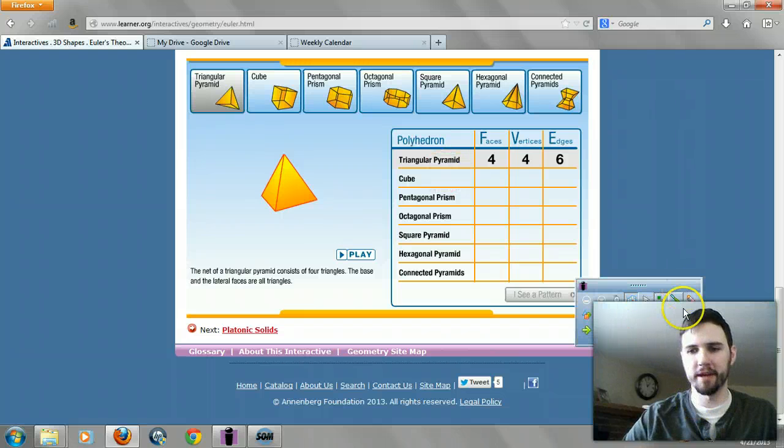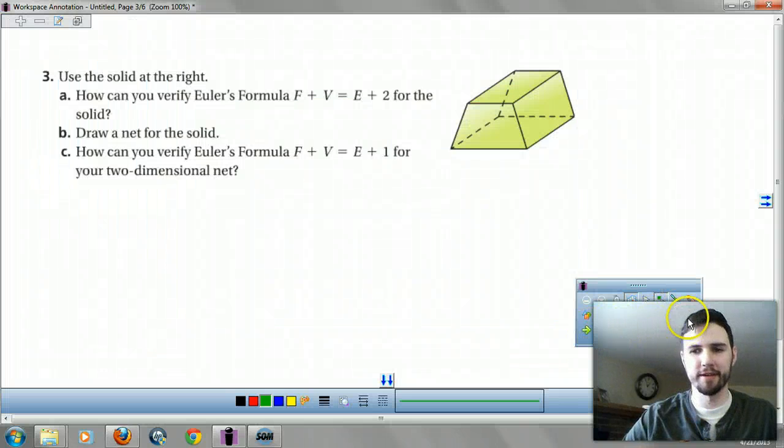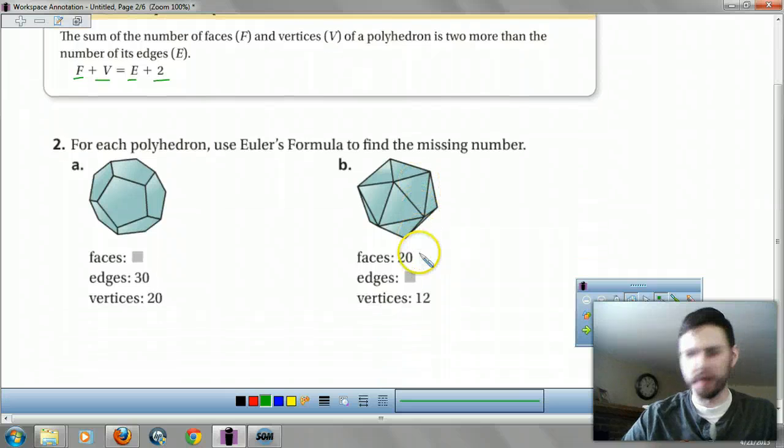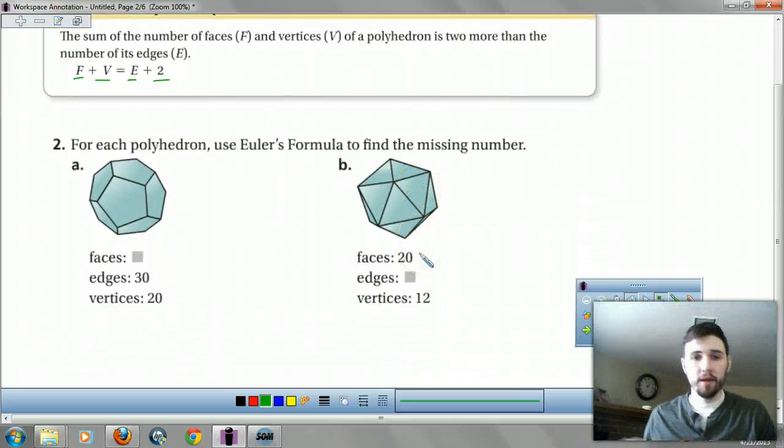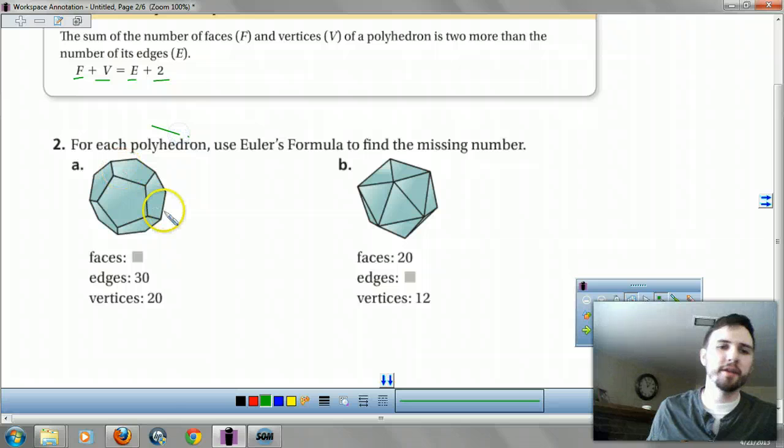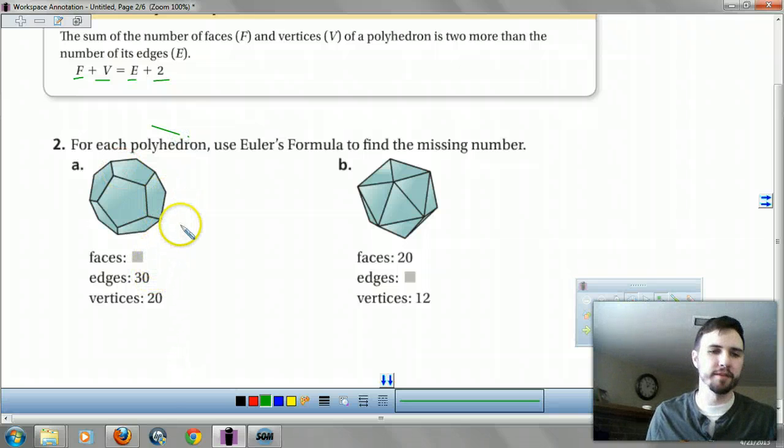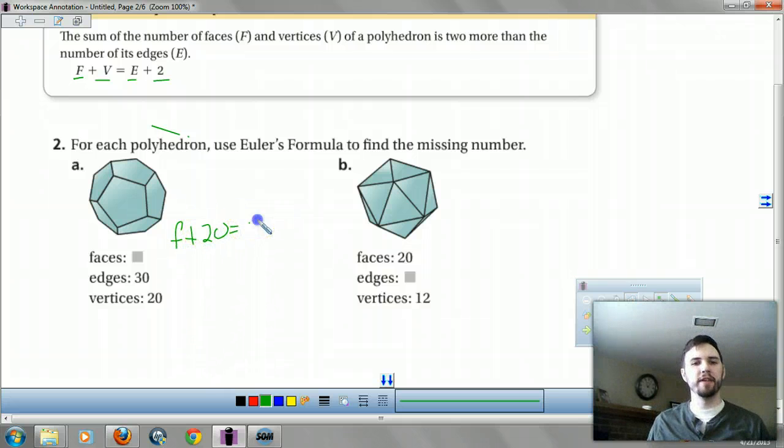Okay, let's get back to the lesson. I got sidetracked. Oh my goodness, Mr. Twilliger, how am I going to count all this up? Well, think about this. My faces plus my vertices equal my edges plus 2.